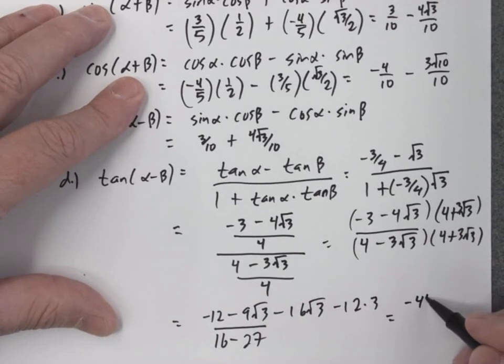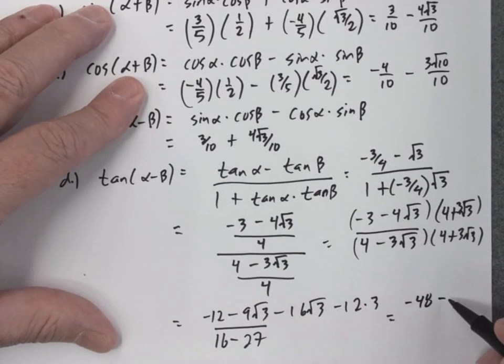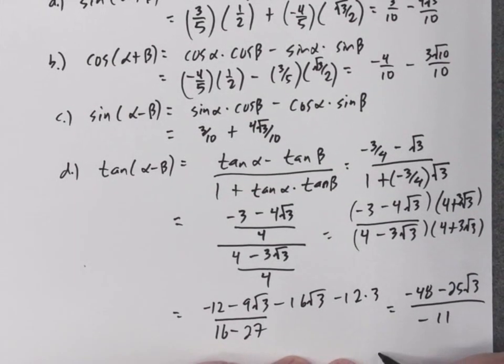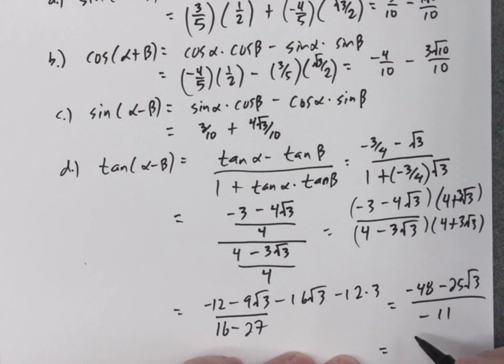So that's minus 48 minus 25 square root of 3 over negative 11. All these negatives cancel. So amazingly enough, this is the correct answer. Pretty messy.